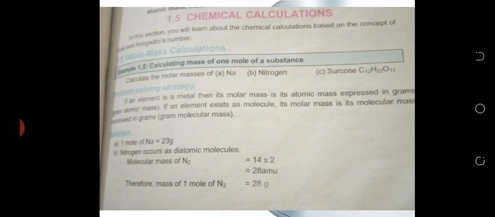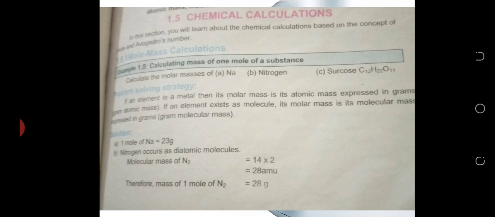If you have any molecule and you express its mass in gram, it will give you its gram molecular mass. As you know, the atomic mass of sodium is 23. So when we express the atomic mass in gram, it means it contains 1 mole. It is the second definition of the mole: the mass of any atom or molecule expressed in gram.